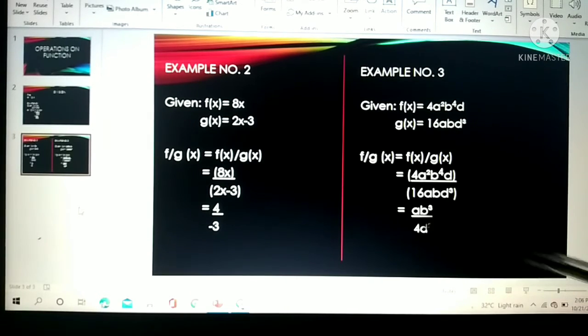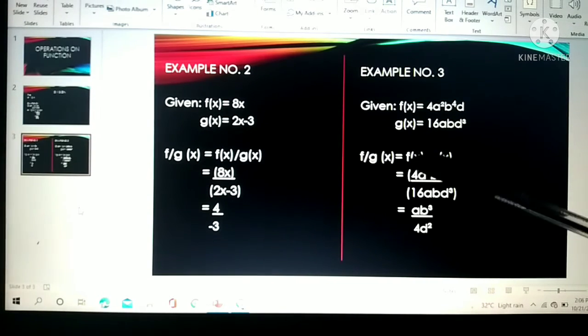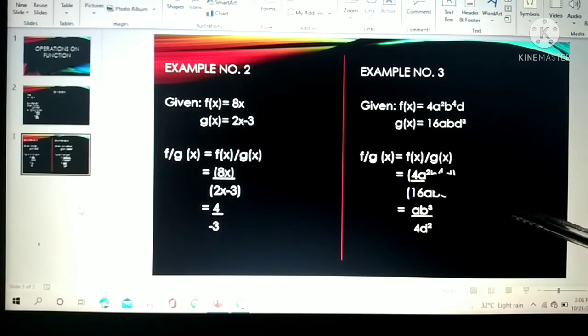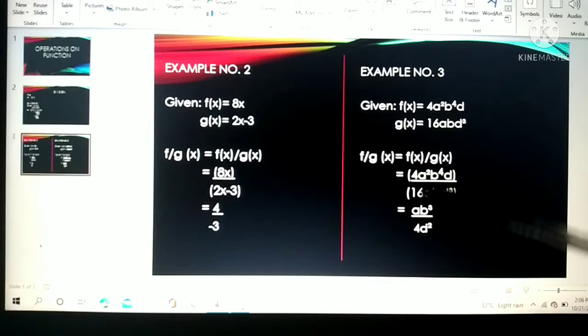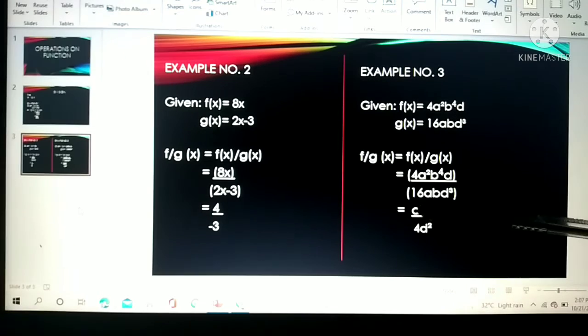Now let us divide. 4 divided by 16 is 4. Since 16 is the bigger number than 4, and it is the denominator, we will put 4 here as the denominator also. And a squared divided by a is a. It is the bigger number, or the highest exponent, so we will put it here as the numerator.